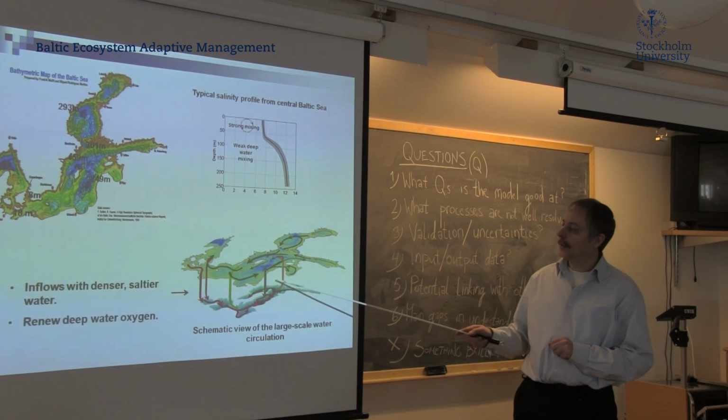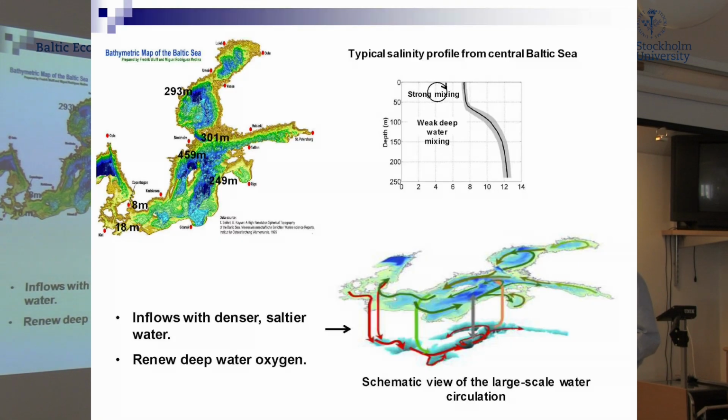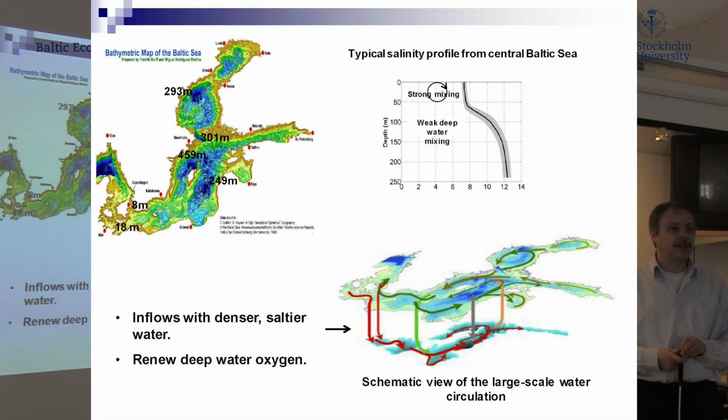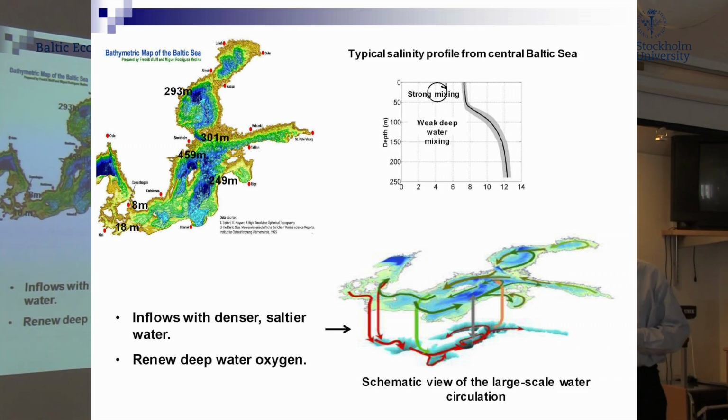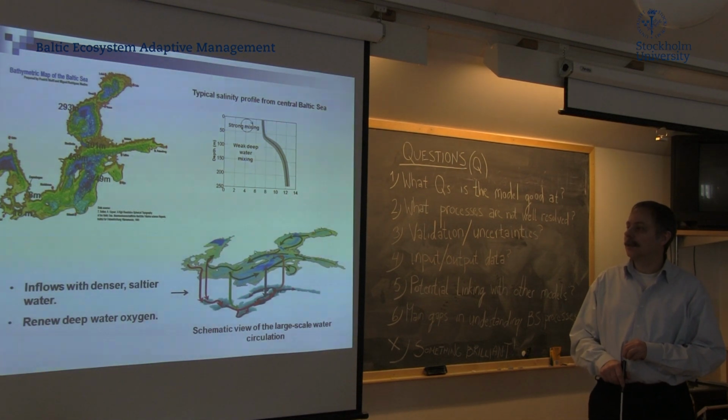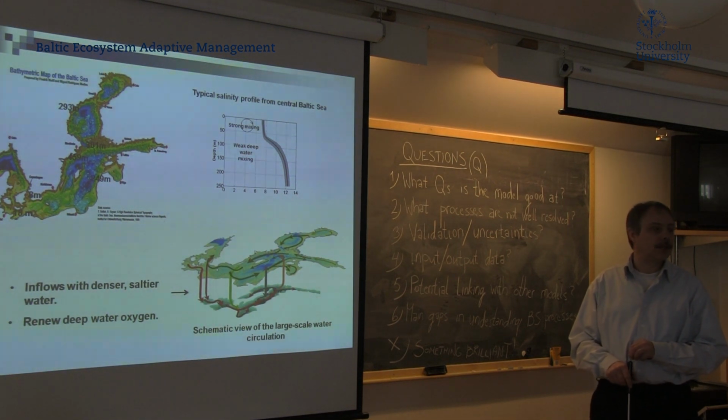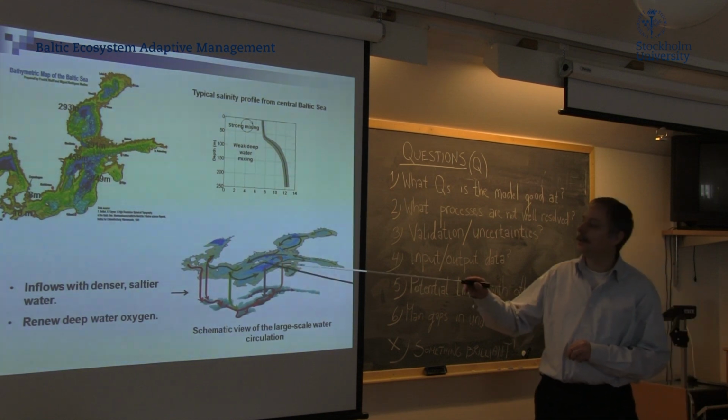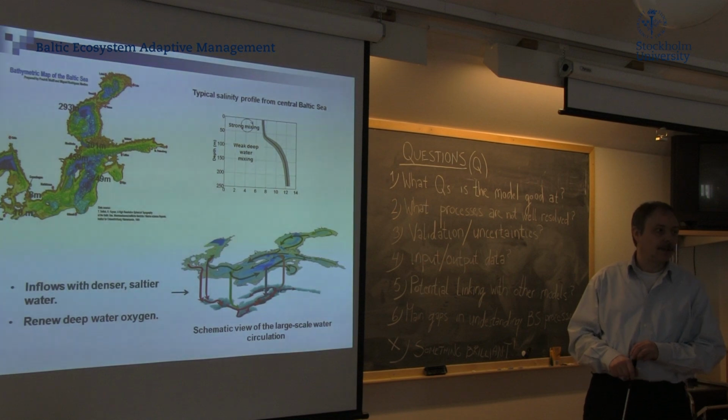And here you have a sketch of the circulation, the mean circulation. It's very hard to detect the mean circulation because the variability is so large. The sea is shallow, so the influence from the variability of the atmosphere is large. So if you go out by ship and measure currents, then it's almost impossible to detect this mean circulation.